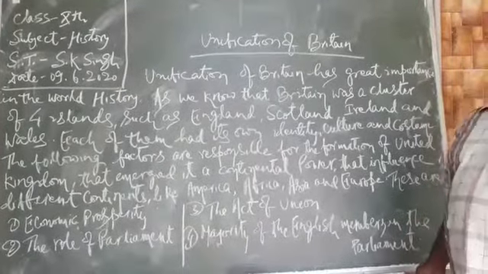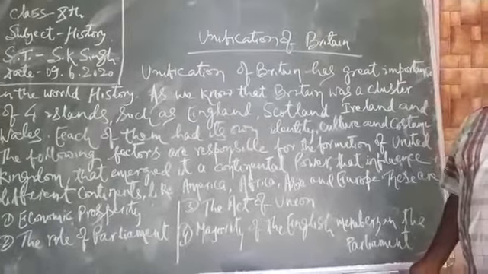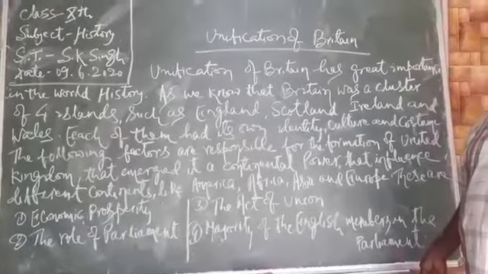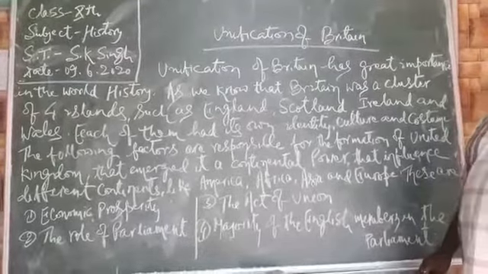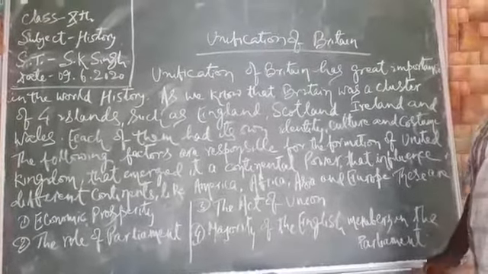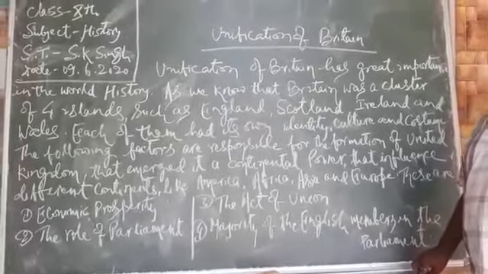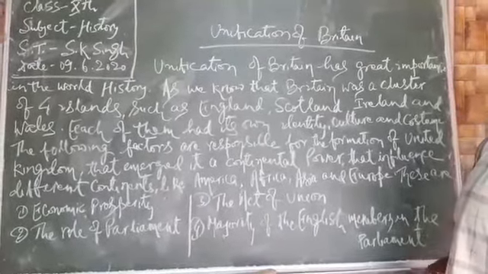Each of the islands had their own identity, culture and costumes. So when the United Kingdom was formed, all other nationalities except England were suppressed with a strong hand.